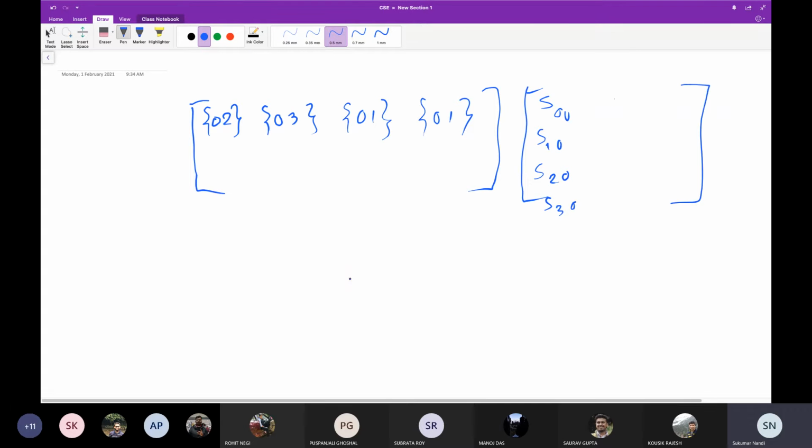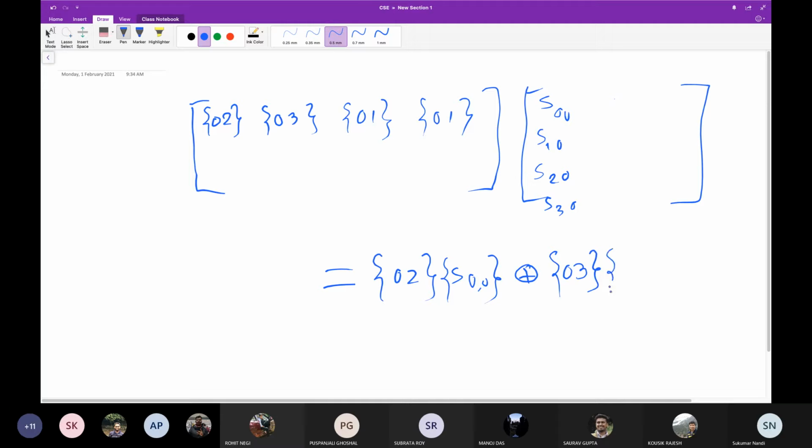And this matrix, if we multiply, we will get 02 multiplied by S0,0 XOR 03 multiplied by S1,0, and so on.